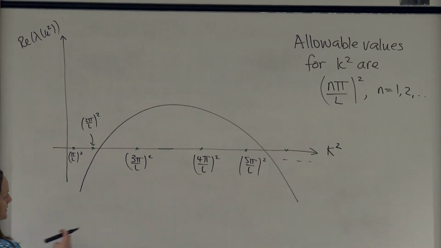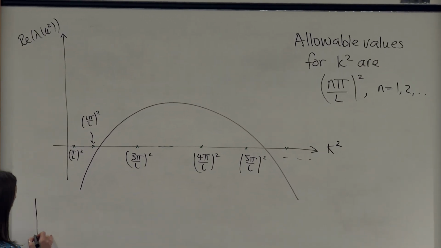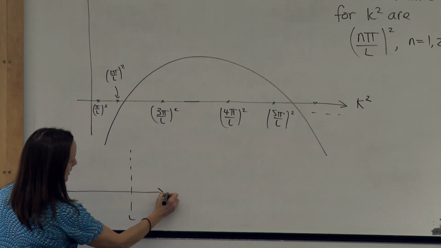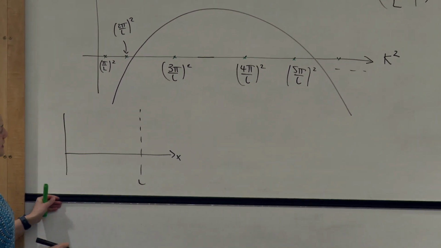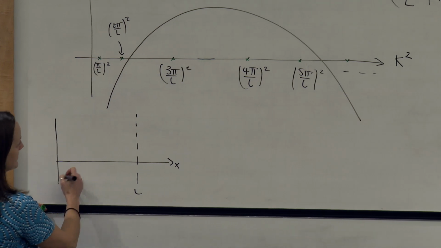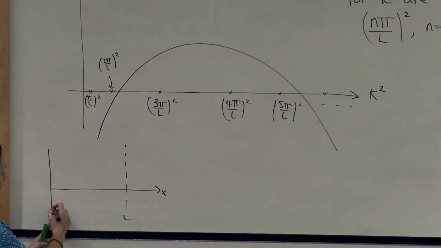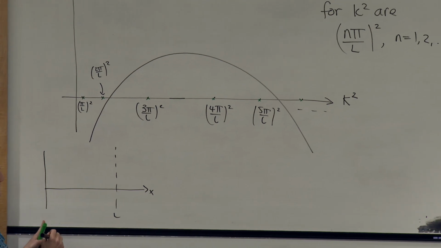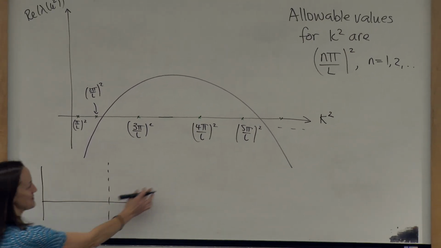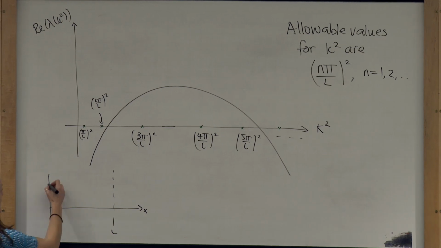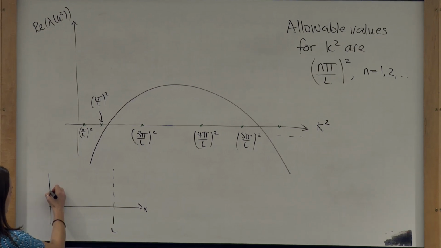Just to illustrate, let's say this is L and this is mode 3. I'm awful at drawing. Between 0 and L, I would expect to see 1.5 instances of this pattern, whereas with this one, I'd expect to see 2 peaks. So let me try and draw that for you in a non-disastrous way.